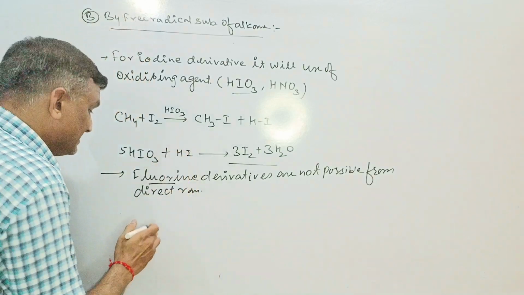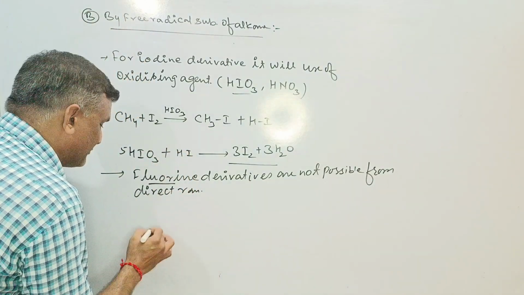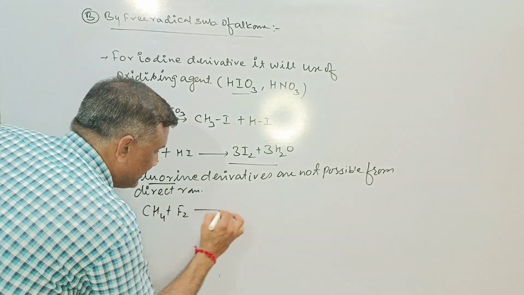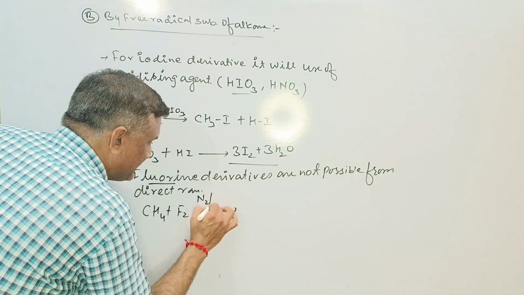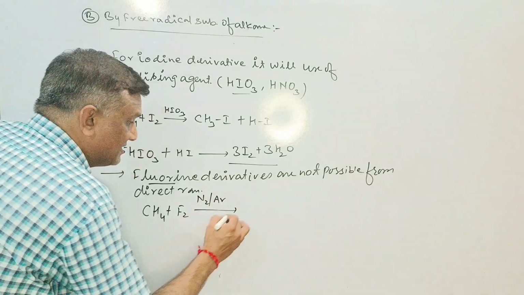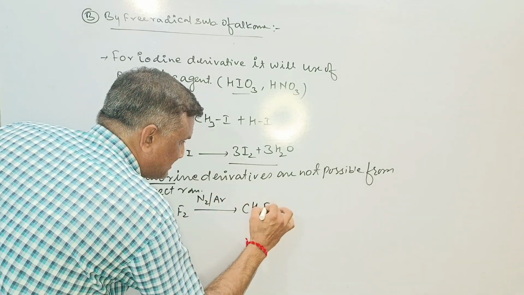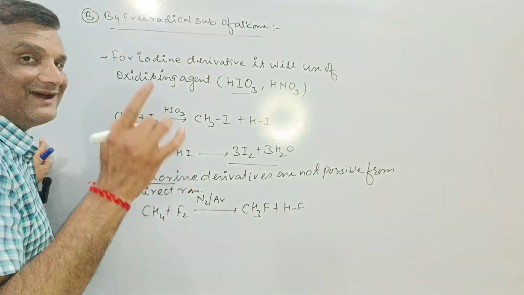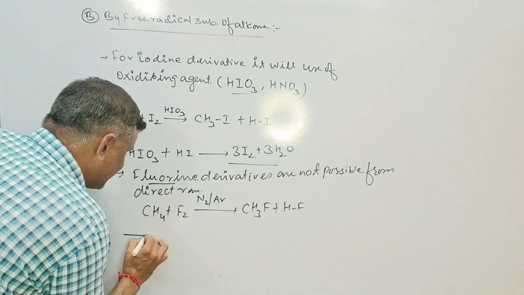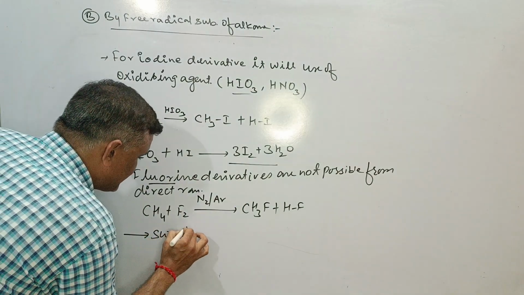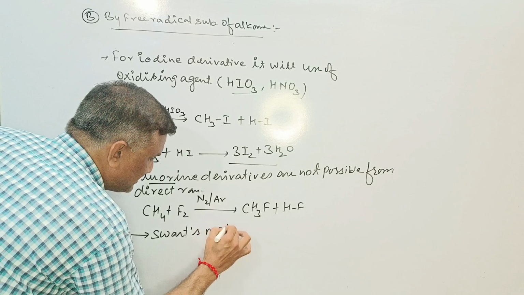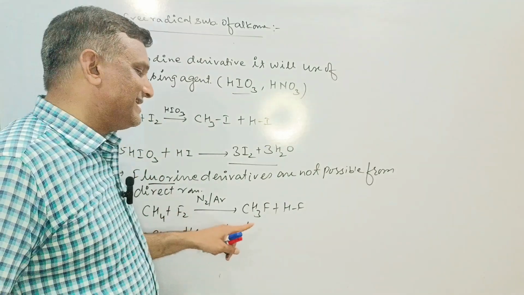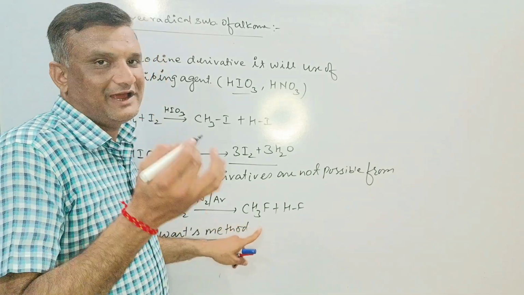So if you want to get the fluorine derivative, then either you have to use F2 in an argon atmosphere, then there will be formation of CH3F plus HF. Otherwise it is not possible. Another method is the Swarts method, which we'll discuss later. By using the Swarts method, you can get the fluorine derivatives of the alkane.